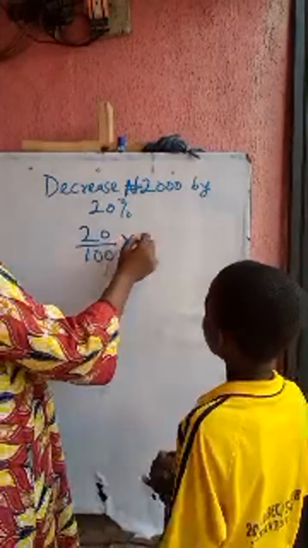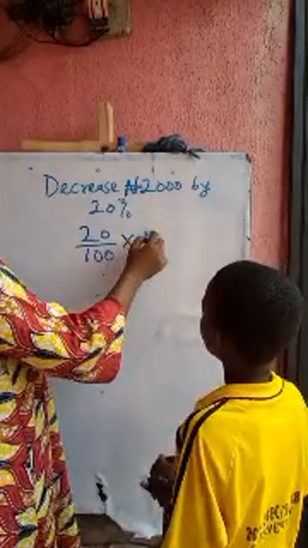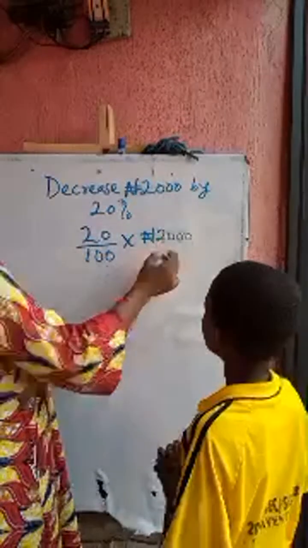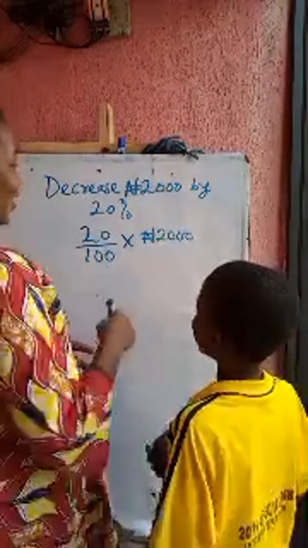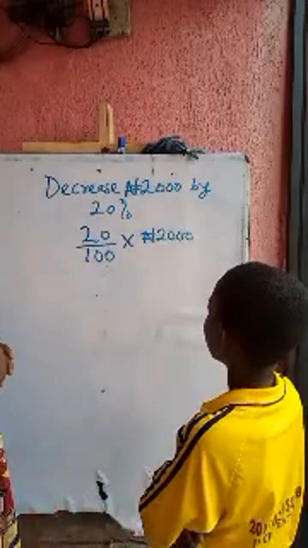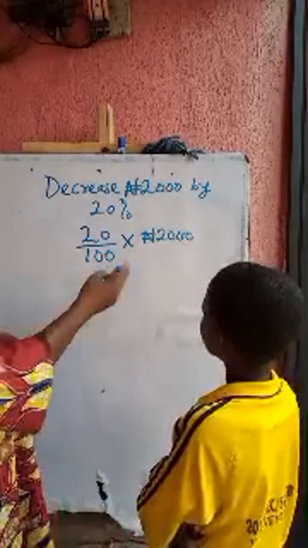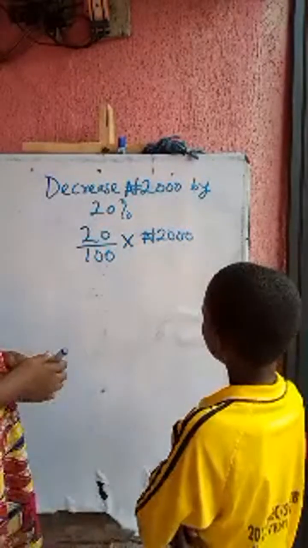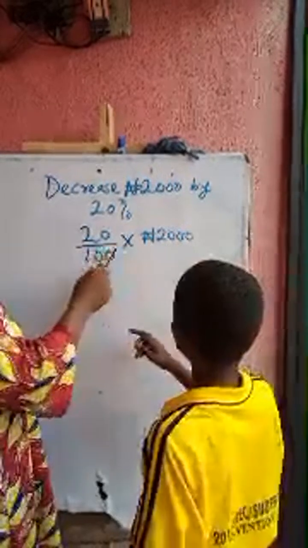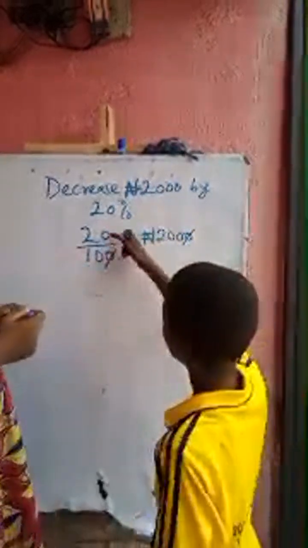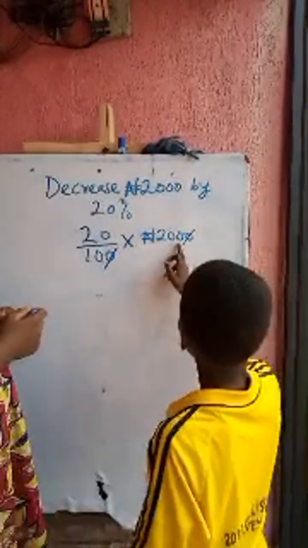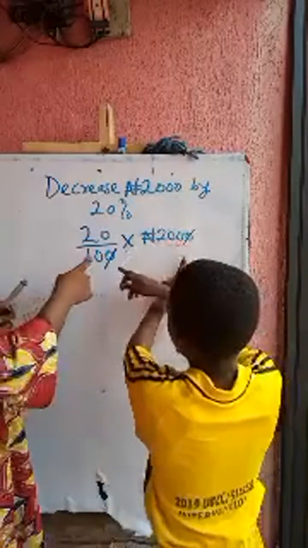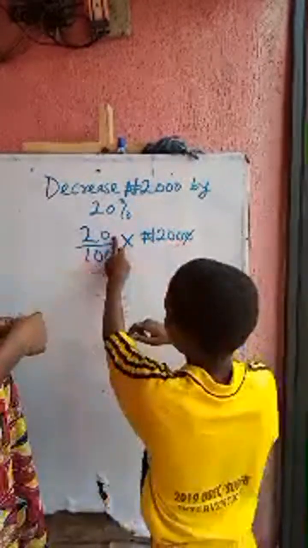Times 2,000. So are there numbers to reduce before we multiply? Yes, the zeros.